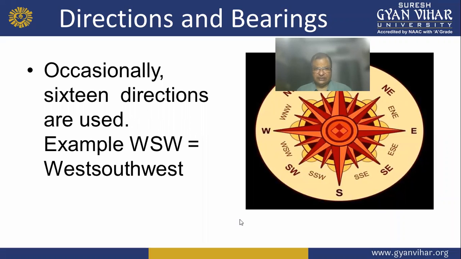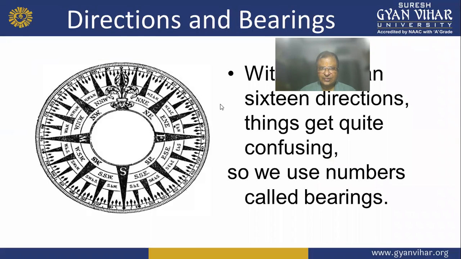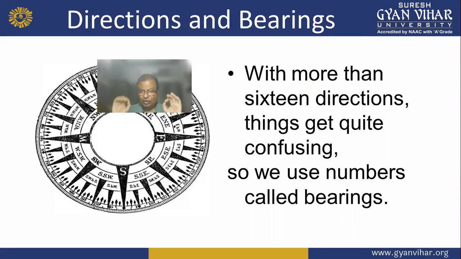For example, WSW is west-southwest. With more than 16 directions things get quite confusing. So we use a huge number system called bearing.